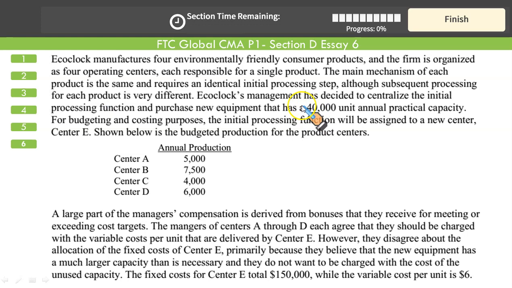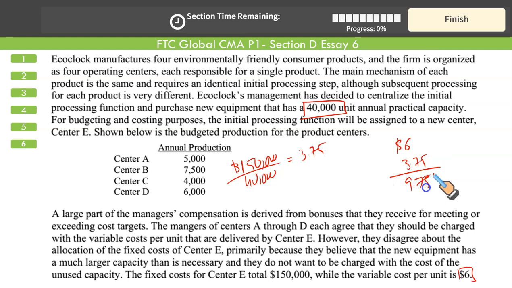This is your practical capacity, 40,000 units. This is the $6 variable cost, and $150,000 fixed cost of Center E to be allocated on 40,000 units gives you the per unit fixed cost. 150,000 divided by 40,000 gives you 3.75. So adding 3.75 to the variable cost gives you a total cost of 9.75. It's as simple as that.